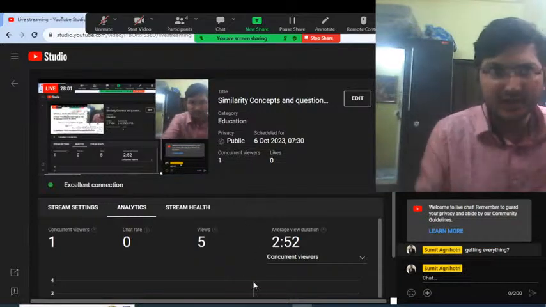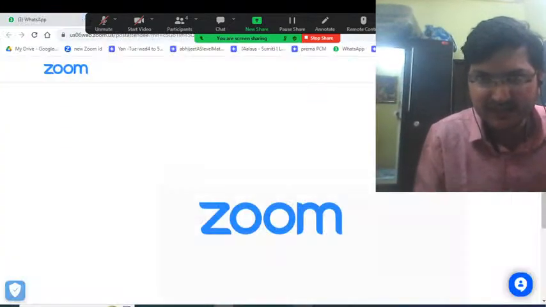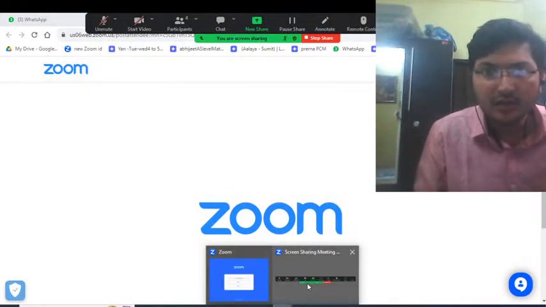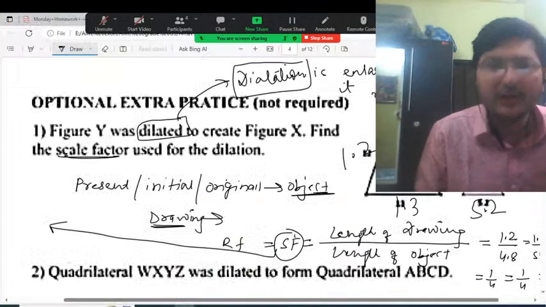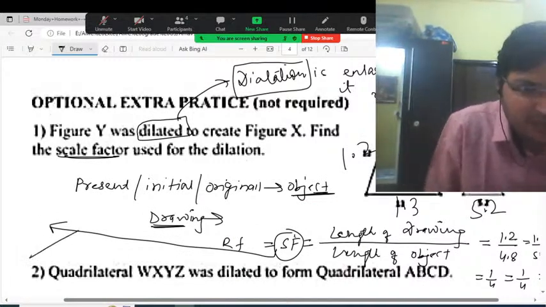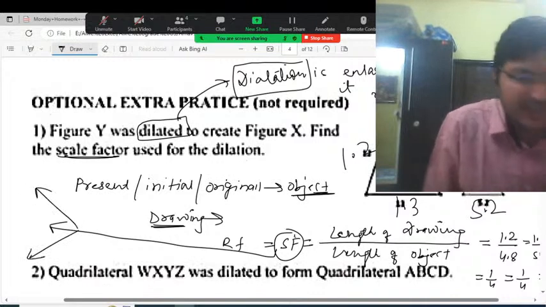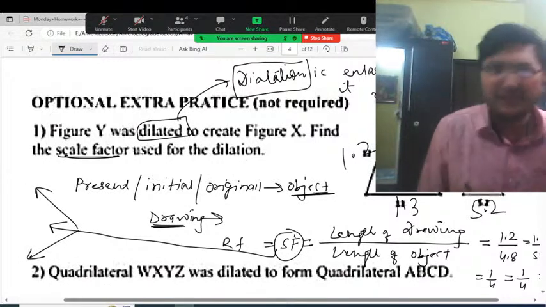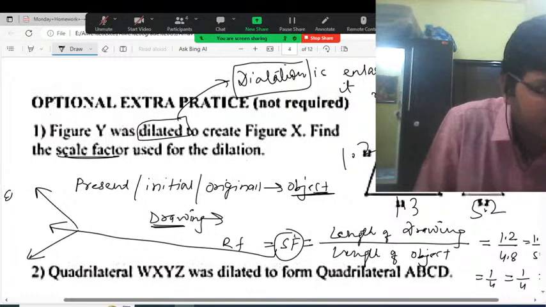Okay, very good. Let's try to understand this then. In dilation we usually consider an enlarging scale factor, where the scale factor is greater than 1.